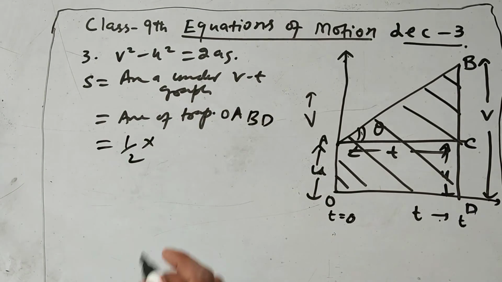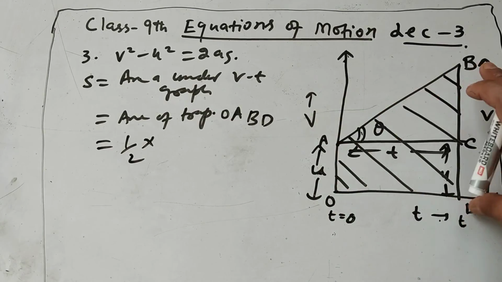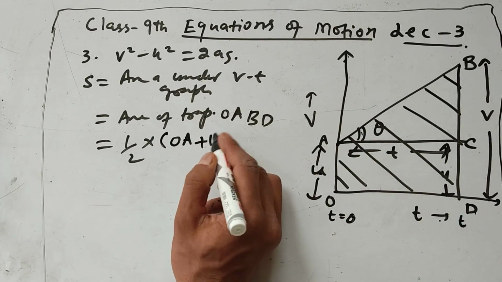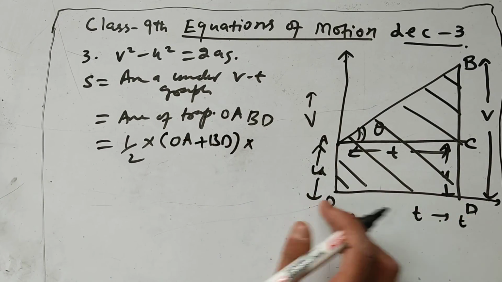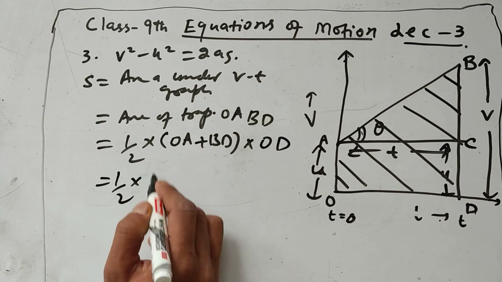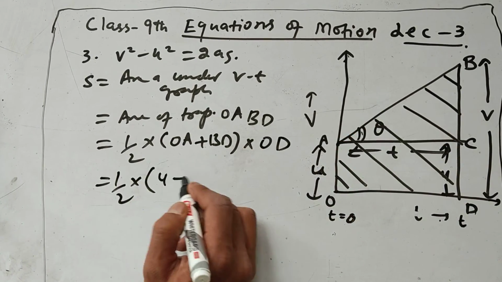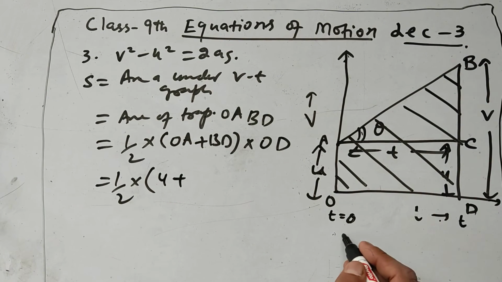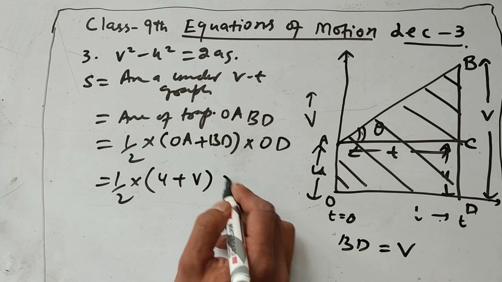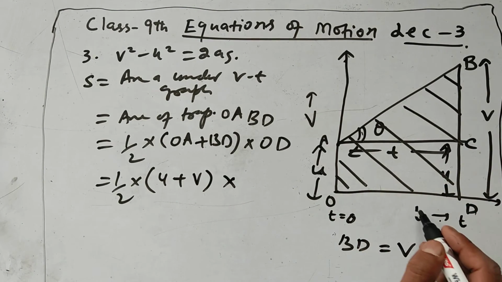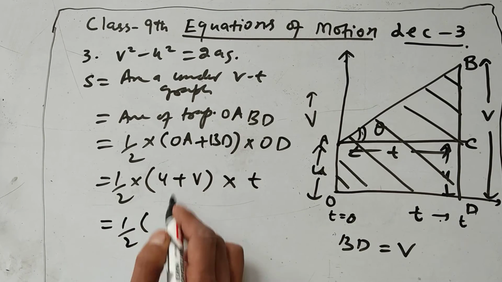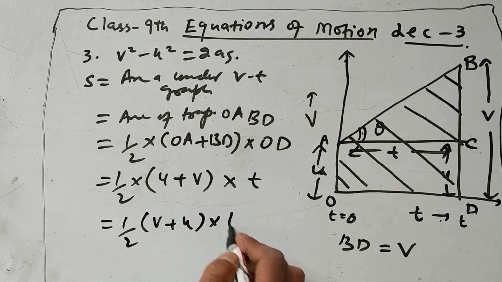The area of a trapezium is half of the sum of parallel sides, that is OA plus BD, into the perpendicular distance OD. OA is U, BD we have already calculated is V, and OD is T. So it will be half of V plus U into T.